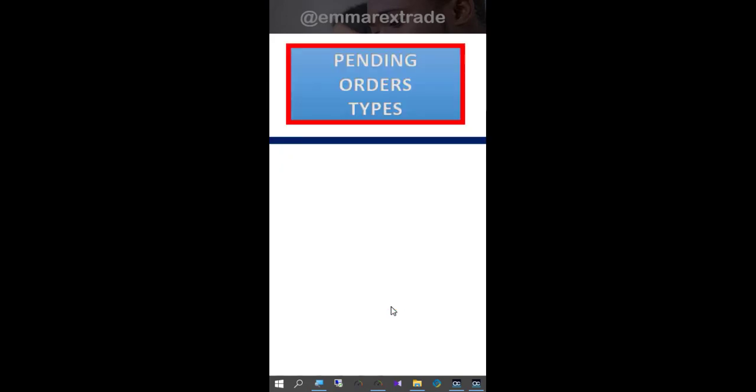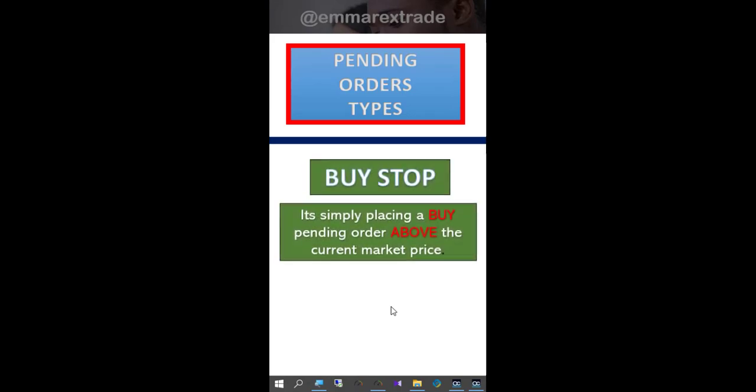Now, there are different types of pending orders. Let's look at them. The first one we call the buy stop pending order. A buy stop pending order is very simple. It is simply placing a buy pending order above the current market price. Take note.